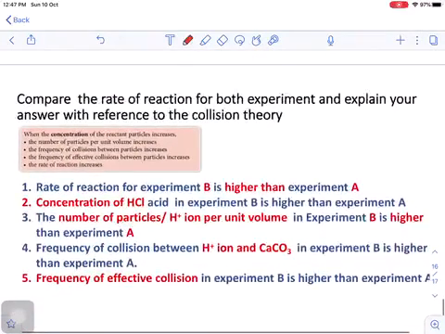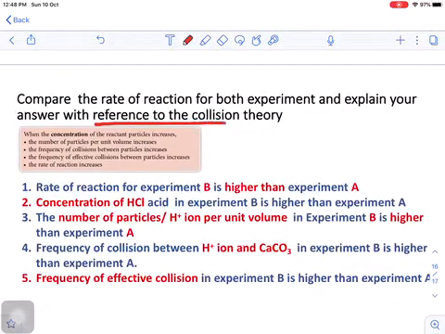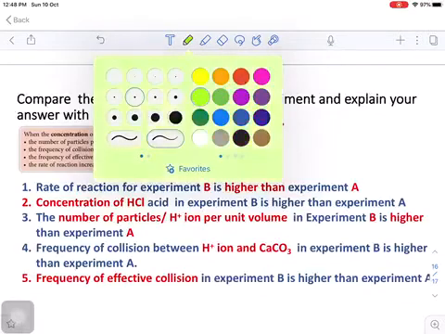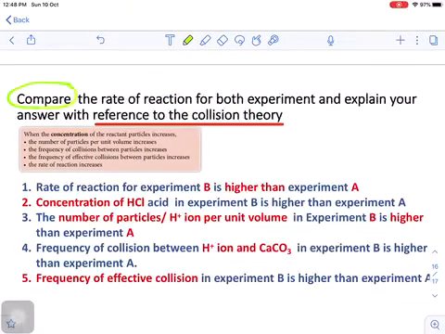Okay, compare the rate of reaction for both experiments and explain your answer with reference to the collision theory. Bila ayat ni sini, you all mesti explain using collision theory. So, soalan dia tanya, first dia nak compare dulu. Compare the rate.